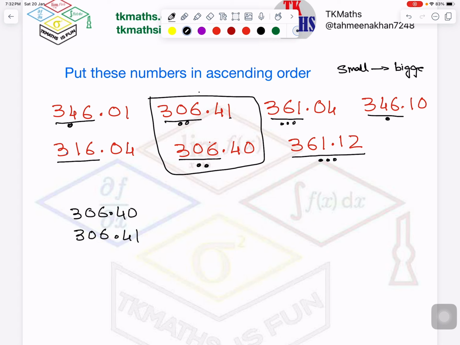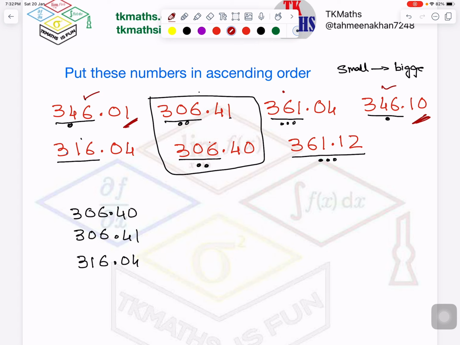What comes afterward? 346, 316, 361, 346. So of course 316 comes afterward. So I will write it here. Now what is left here is 346 and 361. 46 is smaller than 61, 361. So from this one and this one, which one is smaller?